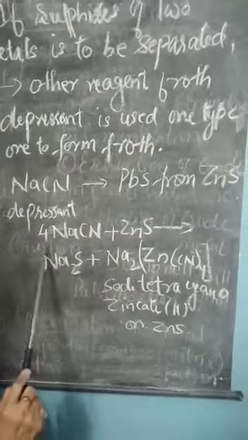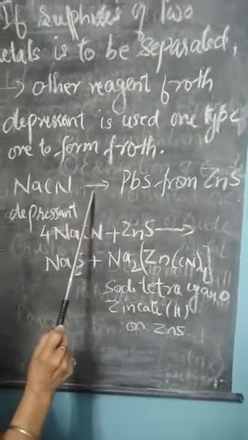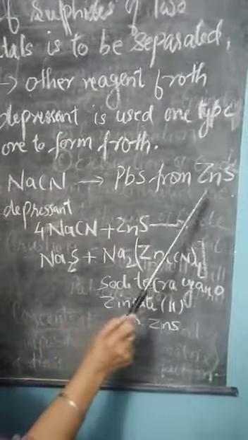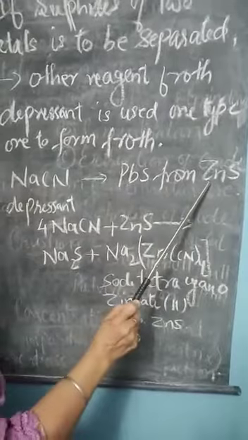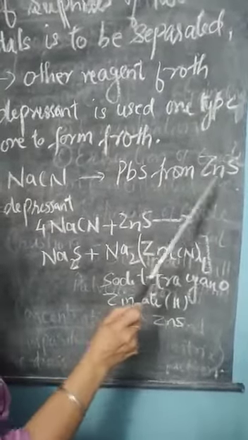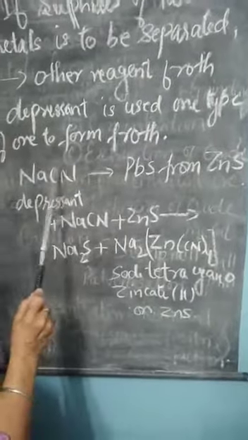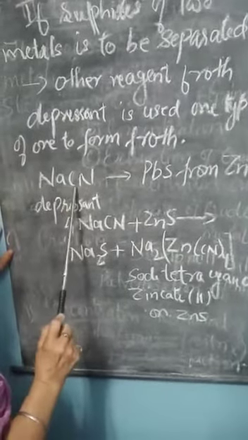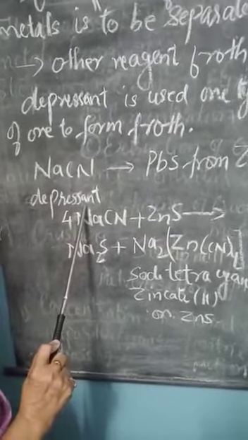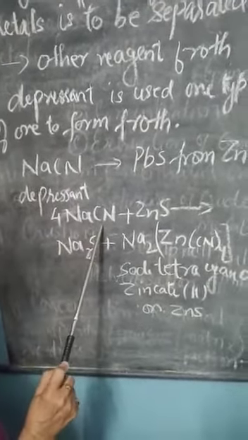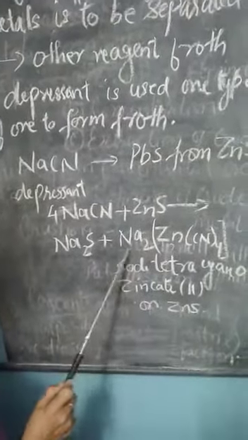One example is lead sulfide and zinc sulfide. These two are present in one ore. Both are sulfides. If both cannot be removed together, what is there? One substance, sodium cyanide, is added, which is called a depressant. This sodium cyanide reacts with zinc sulfide and forms a complex.